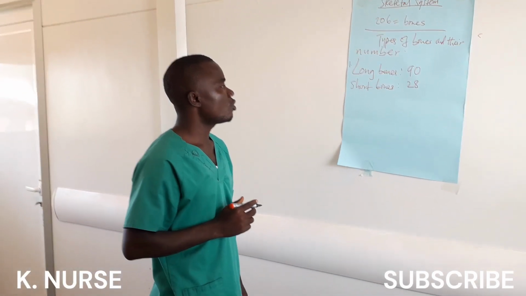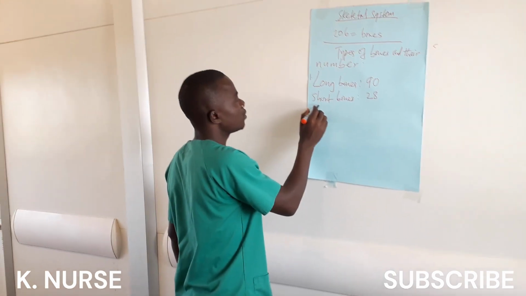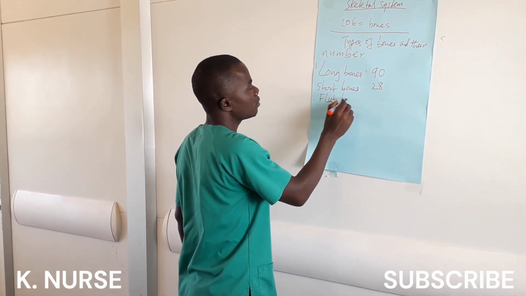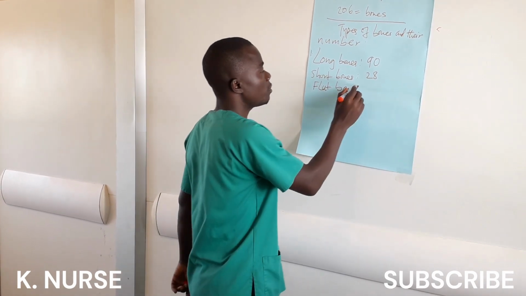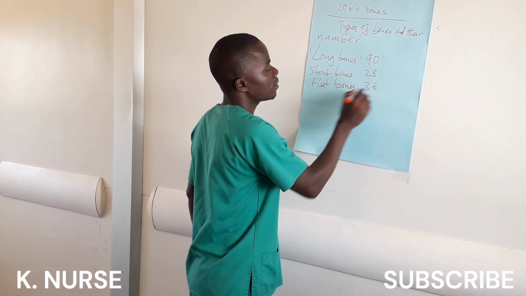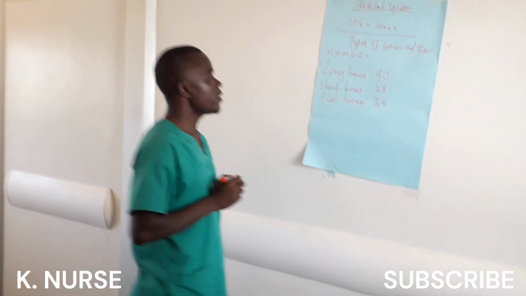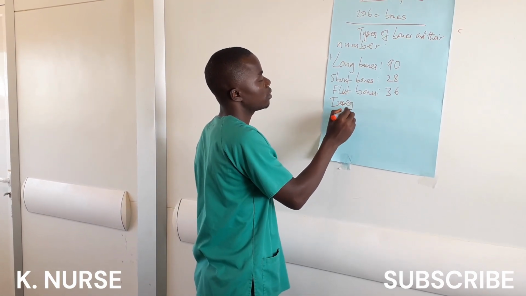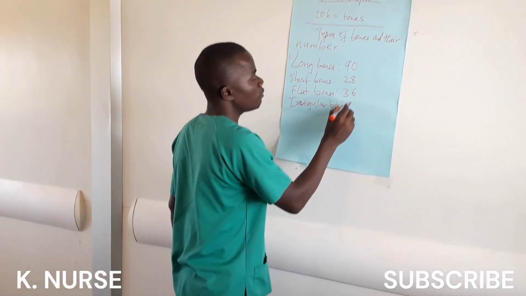We have the flat bone. The flat bones are made up of 36. We have the irregular bones. The irregular bones are made up of 48.